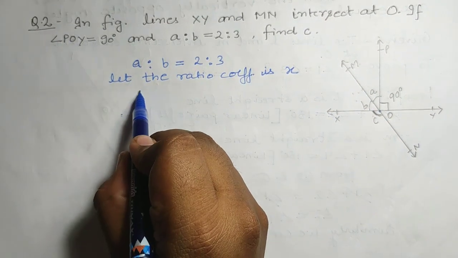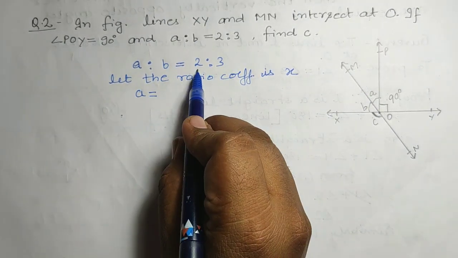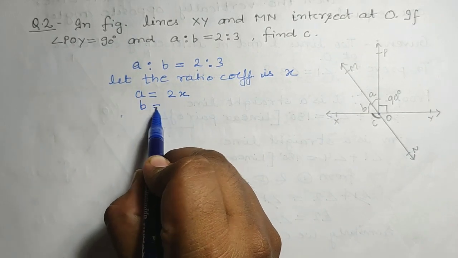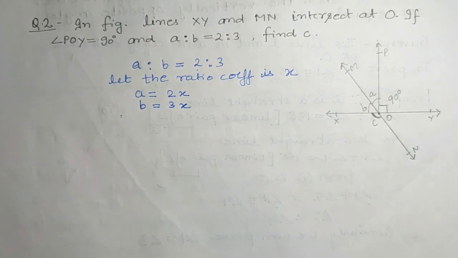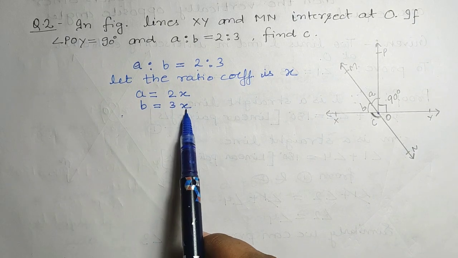Then we can write the direct value of A as 2 into x and B as 3 into x. How do we solve ratio questions, students? Firstly, we assume a ratio coefficient, then we can write the direct values of A and B.